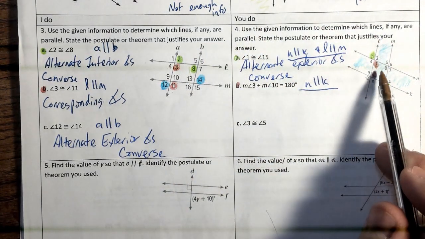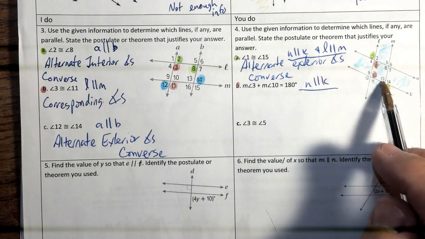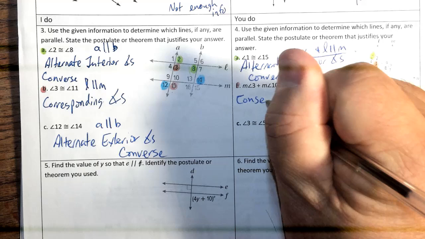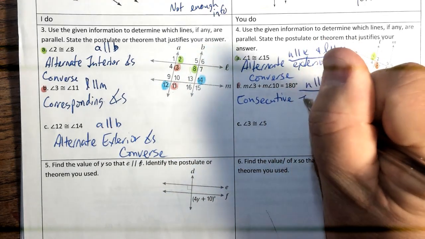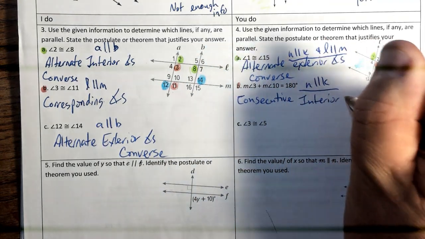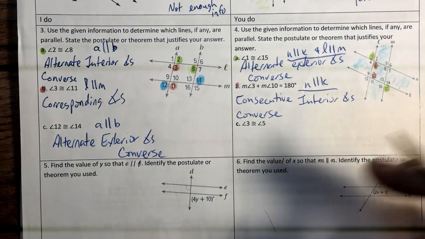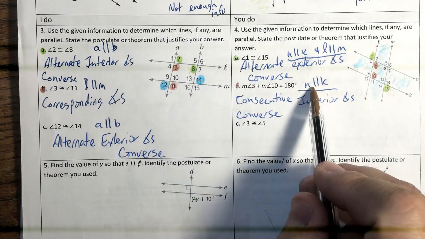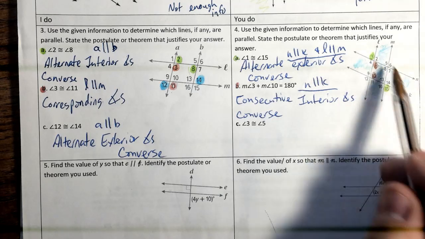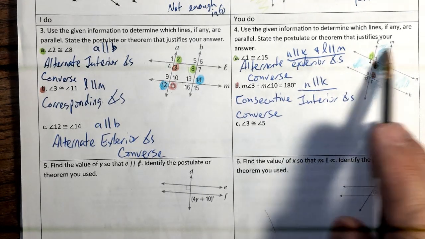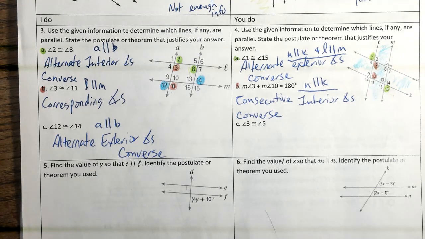Those are the two lines. They're inside, and these aren't across, so they're consecutive interior angles. Of course, it's converse because proven lines, not the angles with this. And it's N and K because touching both of those. Notice it touches L but not M, so we're not dealing with L and M there.